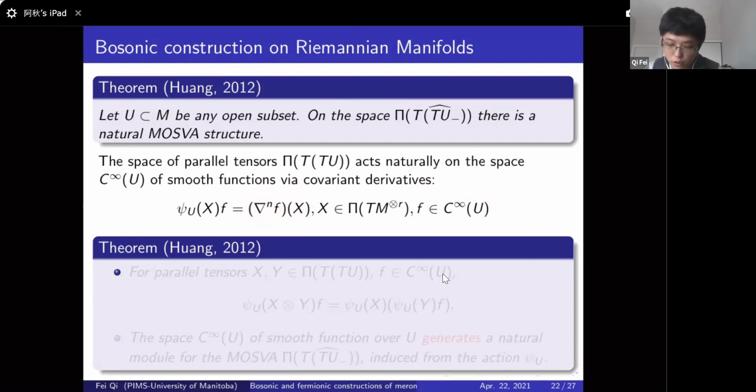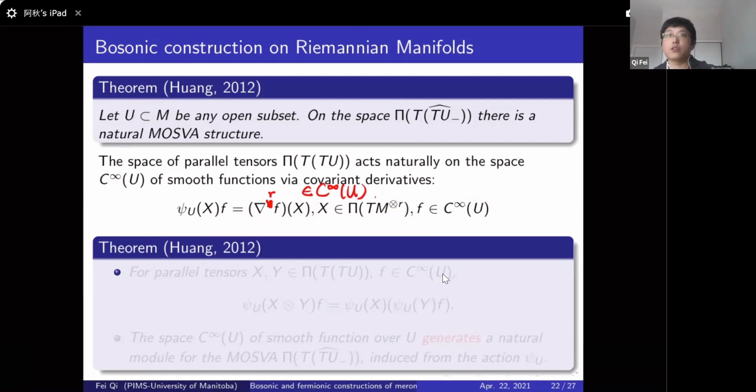This should really be r. So for the tensor x of degree r, we just take the rth degree covariant derivative of f along x. This is still going to be a smooth function over U. So that's the action of the parallel tensors on f.